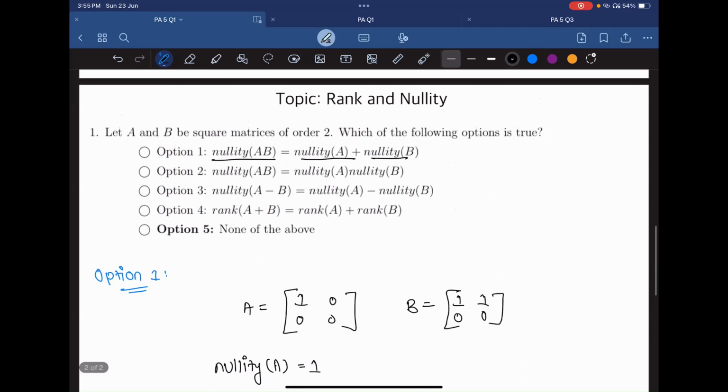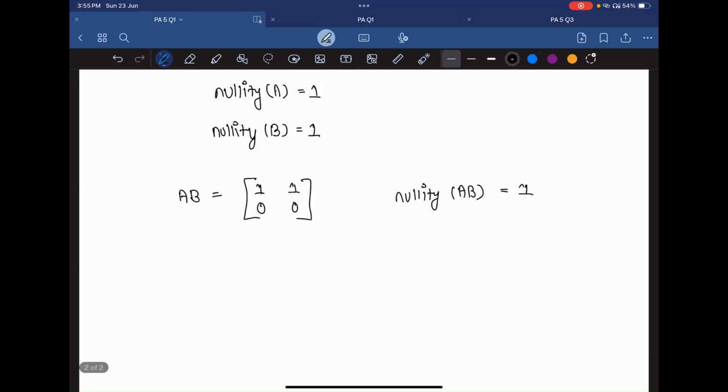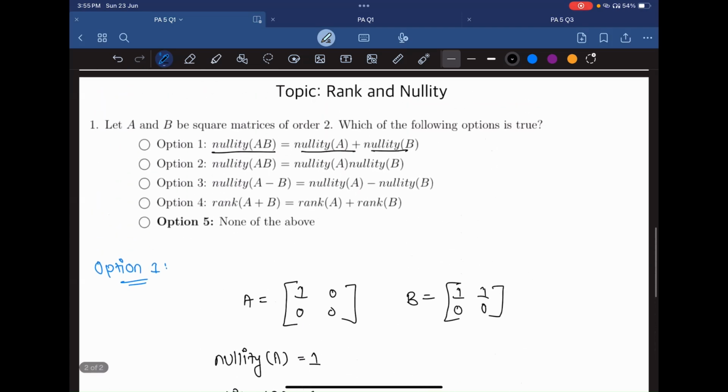But the option says that for any two square matrices of order 2, nullity of AB should be equal to nullity of A plus nullity of B. That is not the case here. Nullity of AB is not equal to nullity of A plus nullity of B. Hence option 1 is incorrect.